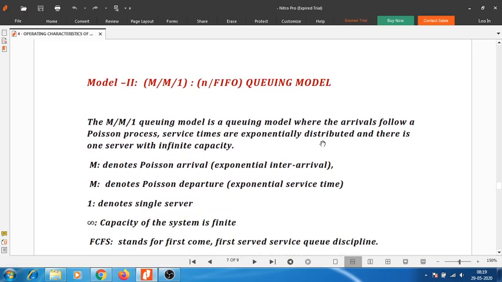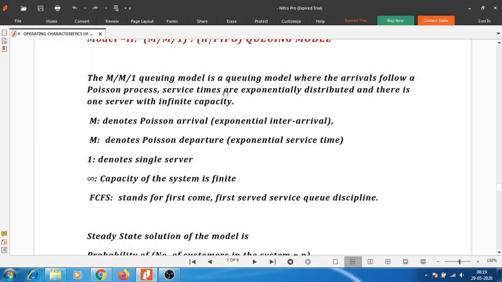Right. Model 2. In the previous model, the capacity of the system is infinite. Right now, the capacity of the system is finite. That finite number is denoted by small n. The queue discipline is the same, first in, first out. So what is the difference here? The arrival is as usual Poisson. The service time is as usual exponential.